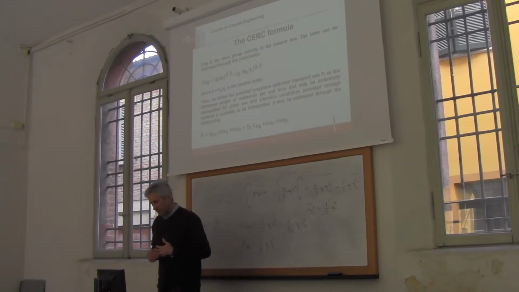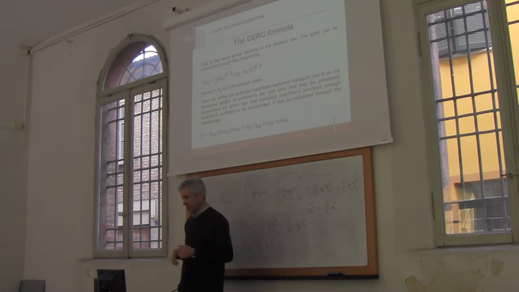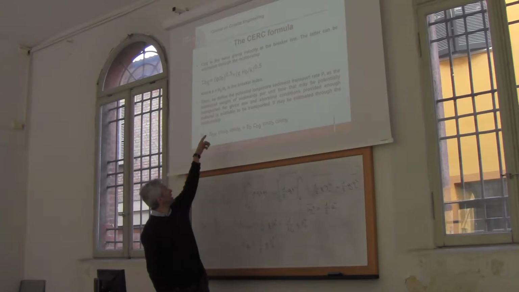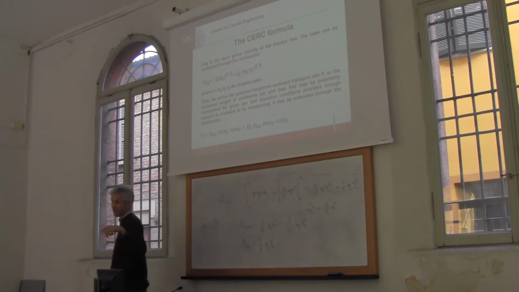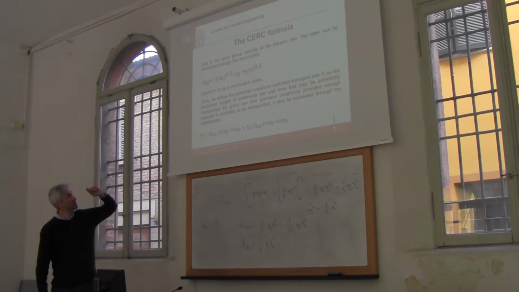Basically, you can estimate it as the product between G and C depth to the power of 1.5, so the square root of G times C depth.